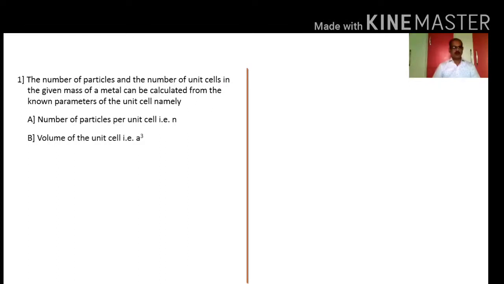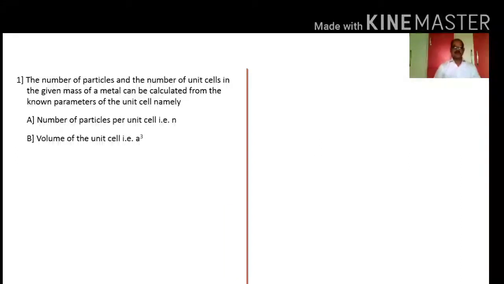So if I know the number of particles per unit cell and the edge length of the unit cell, then I can find out exactly how many particles and how many unit cells are present in the given mass of that particular metal.